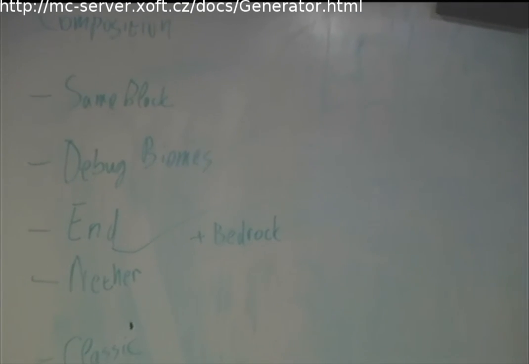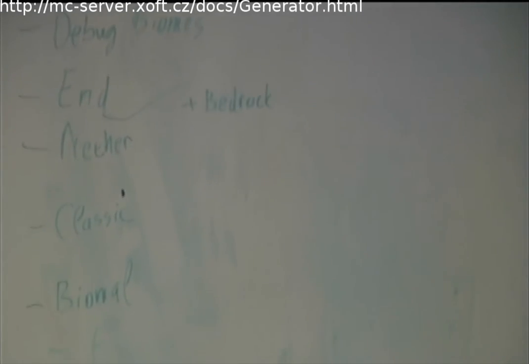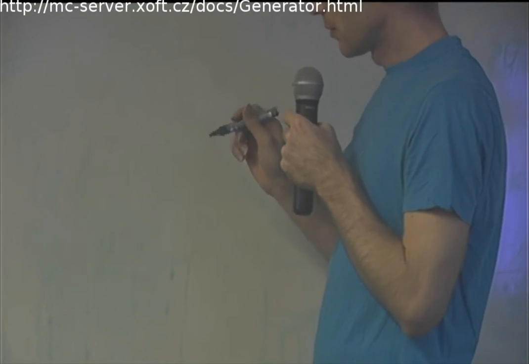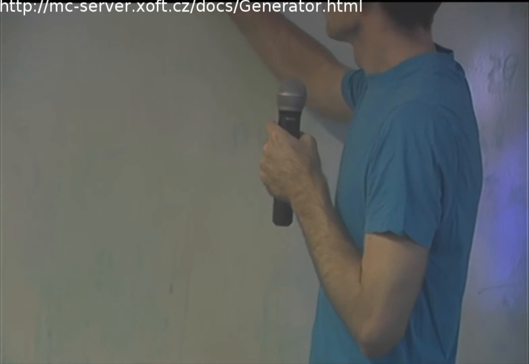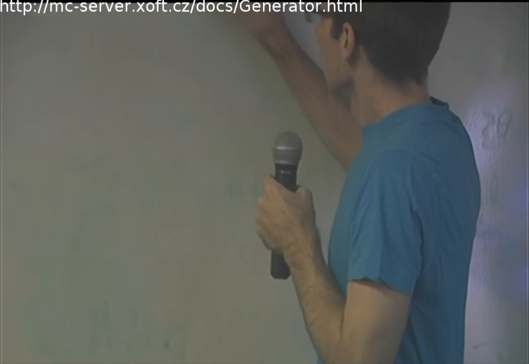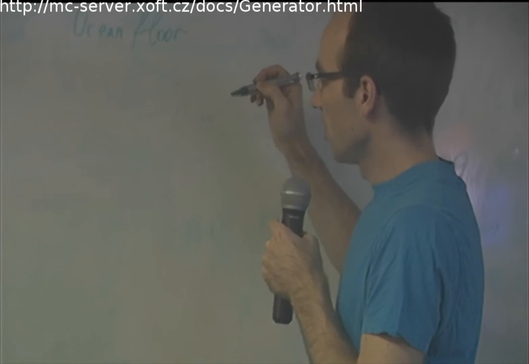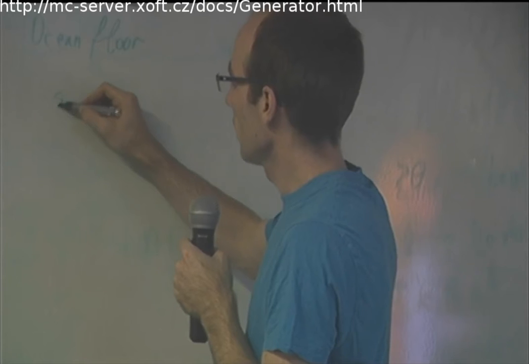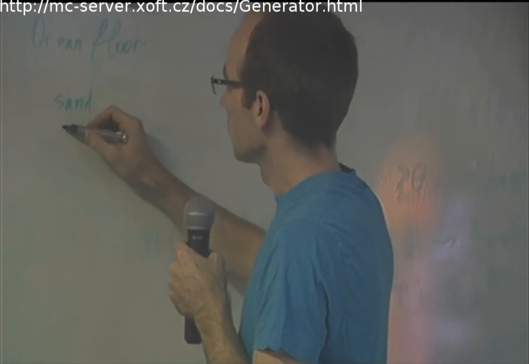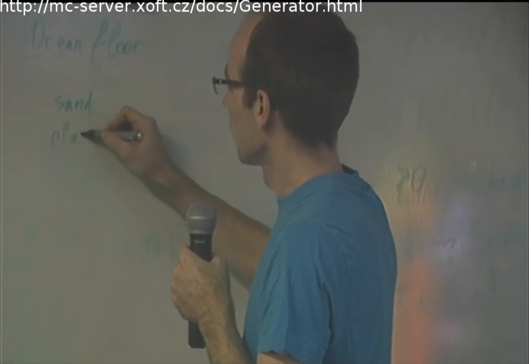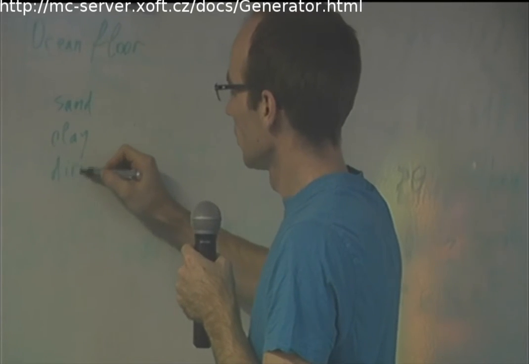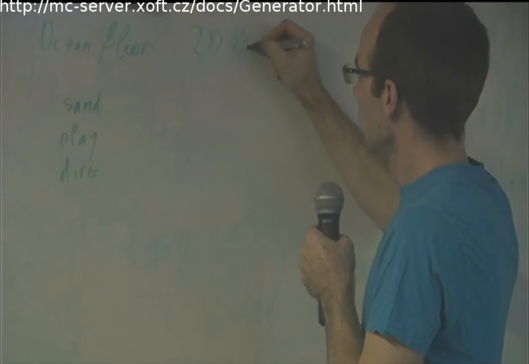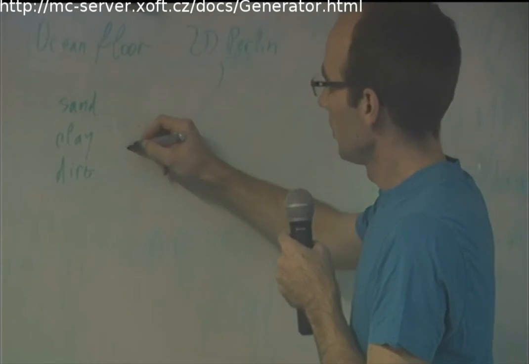Instead, they get sand, and it has an ocean floor. The ocean floor gets a selection of either sand, clay, or dirt, and it uses 2D Perlin Noise to choose between the three.